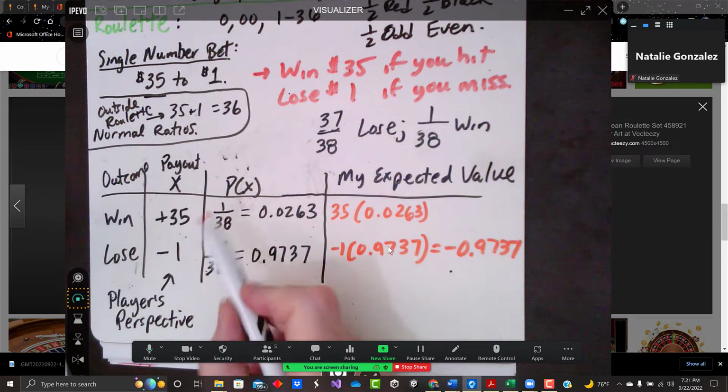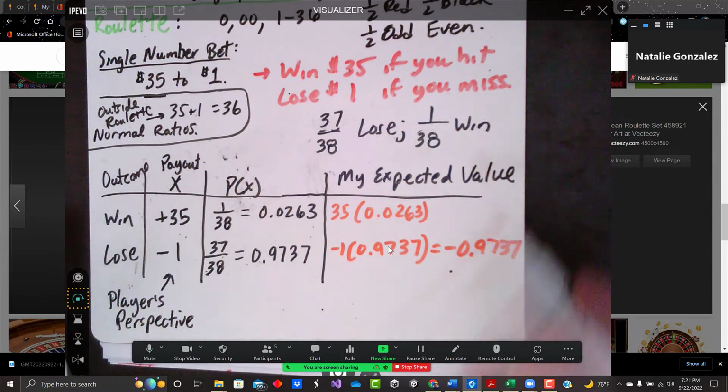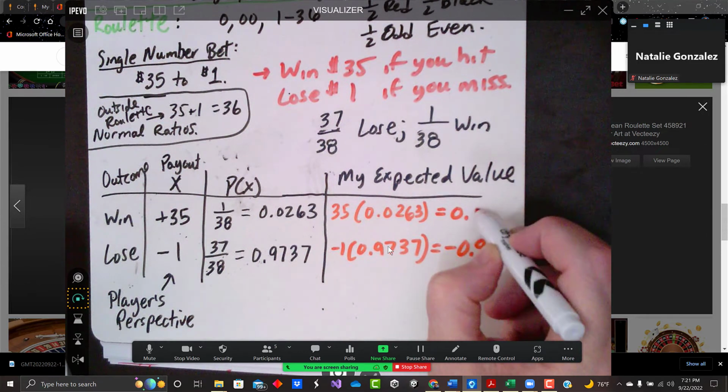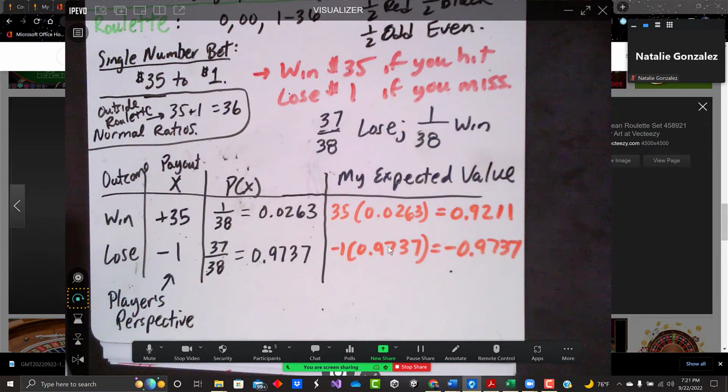And I'm going to use the 1 over 38, not this rounded value, times 35. Okay.